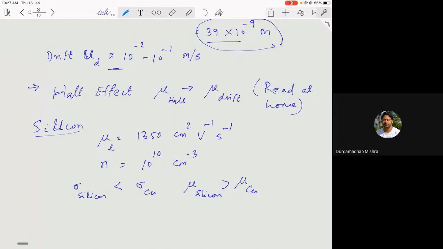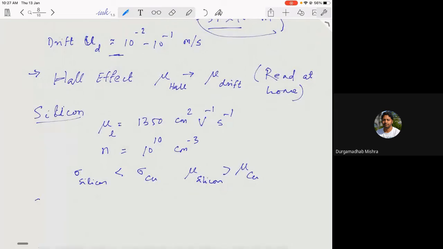But if you look at the electronic configuration of silicon, so 14 electrons, 1s2, 2s2, 2p6, 3s2, and 3p2, right? This is the electronic configuration of silicon.